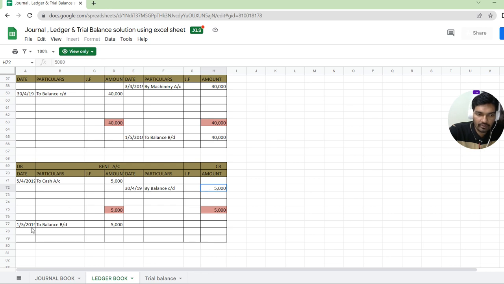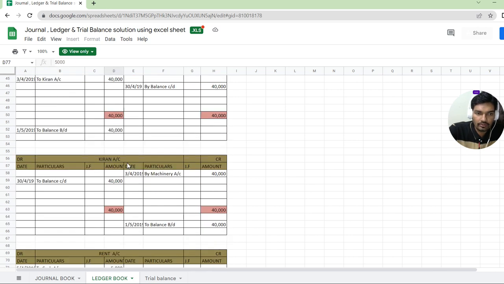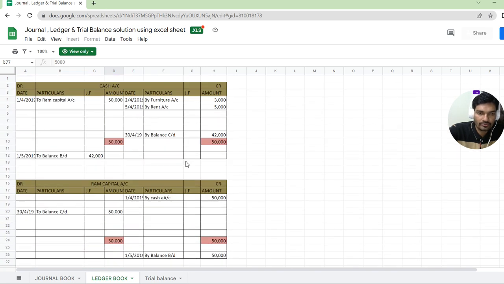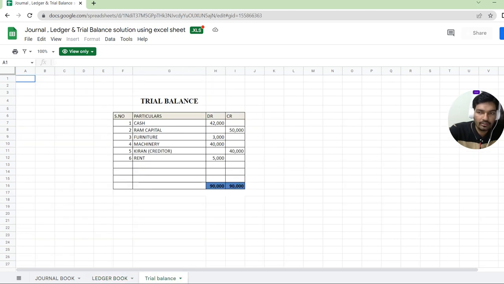This is carried forward to next month, May 1st 2019, to balance brought down 5,000. So likewise we need to balance individual ledger accounts. Then after this process we need to prepare the trial balance, with the help of the ledger balances, using the balance brought down.